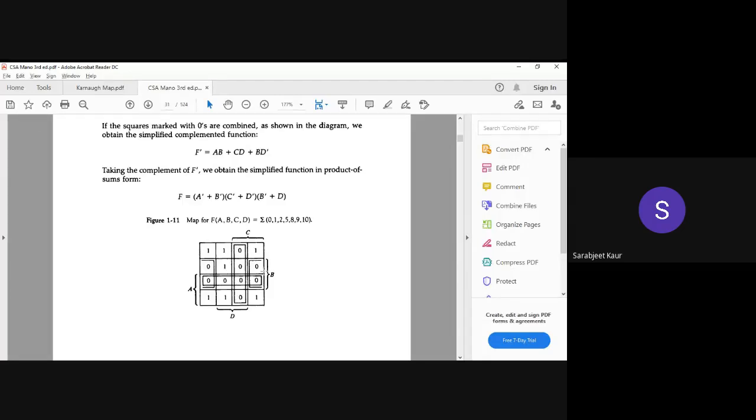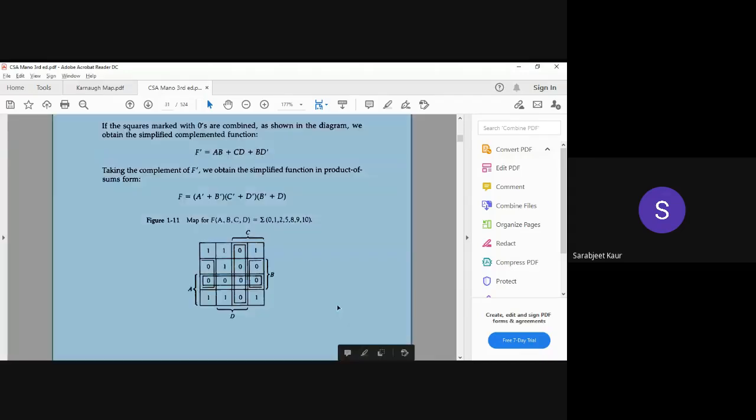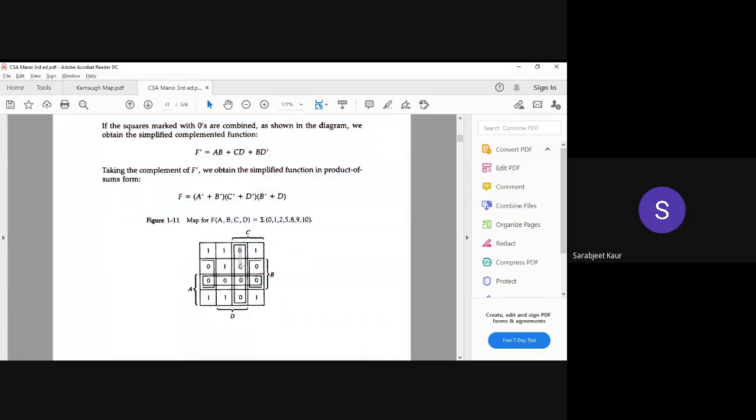Wherever there are no ones, they've marked the zeros and then they are grouping. So what are the groups possible? Is there an octet that I can make here? No, ma'am. So the next big group that I can make is a quad. So this is one quad which is possible.